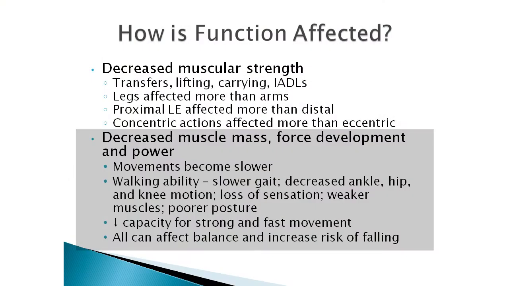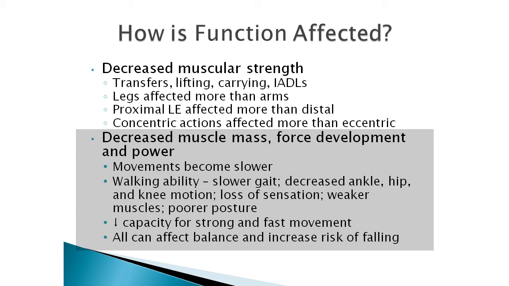This all happens gradually, with the individual making subtle changes in body mechanics and movement patterns to accommodate the changes over time. In essence, the person can still function adequately, but he or she does things differently, with less efficiency and requiring more energy. The decreased muscle mass, force development, and power is manifested by movements becoming slower, with a decreased capacity for strong and fast movement.